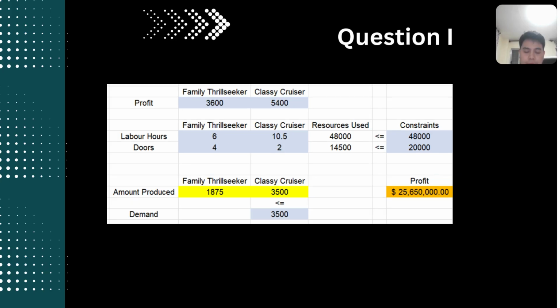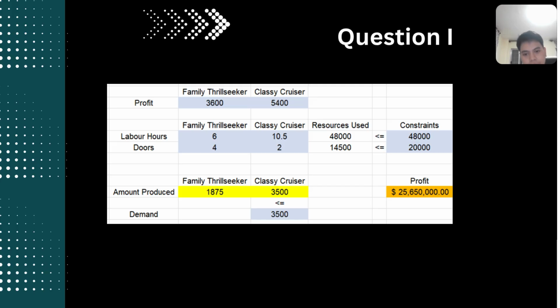24,300,000. The board of directors of Automobile Alliance asked Rachel whether or not she could meet the full demand of Classic Cruisers. If the profit resulting from that was a decrease of less than 2 million compared to question A, she would go through with meeting the full demand.